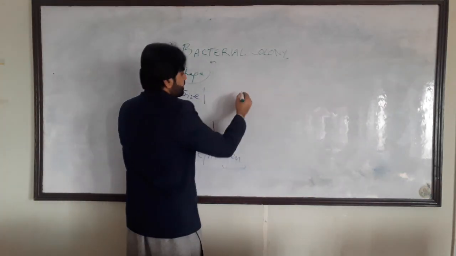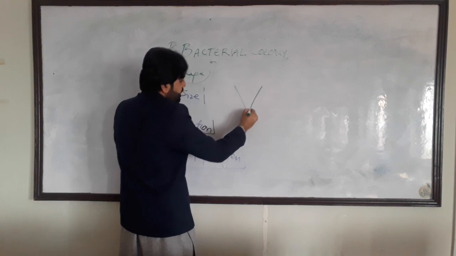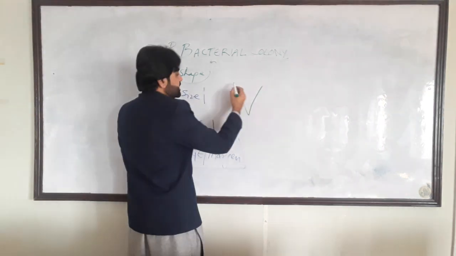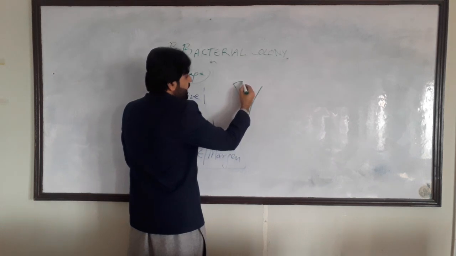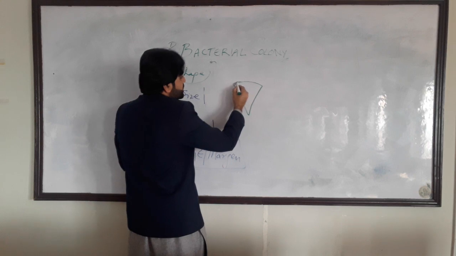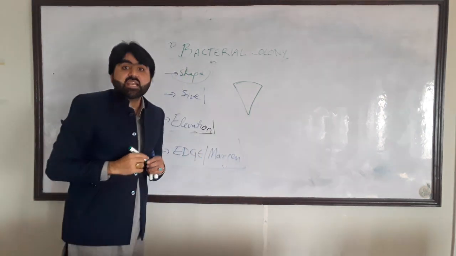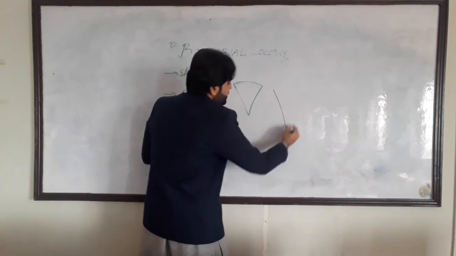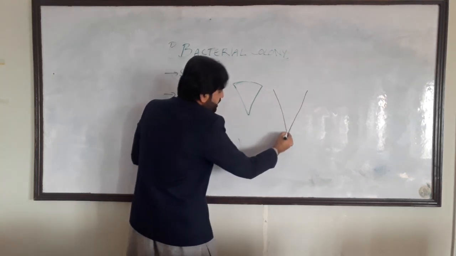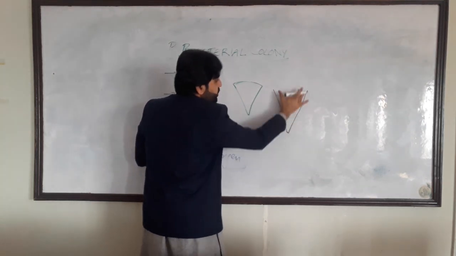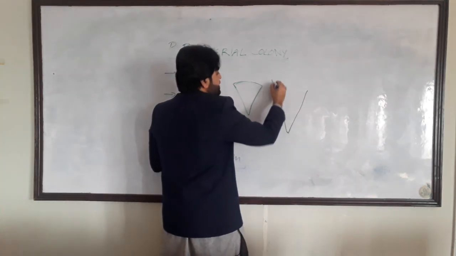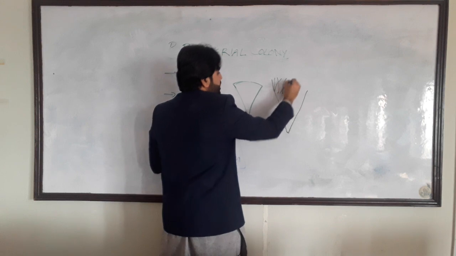For example, if this is a quarter of a colony, then you have to focus on the margin. If the margin is regular like this, then you say the margin of the colony is regular. Or if it is like this, again it is a quarter of the colony. Let us say it is a whole colony, so we only take a quarter of the colony, but the appearance is filamentous.